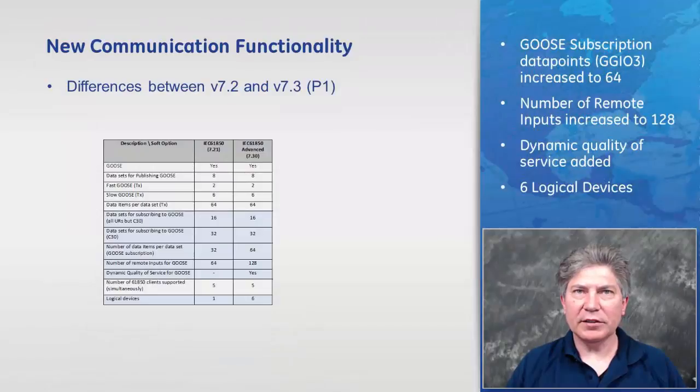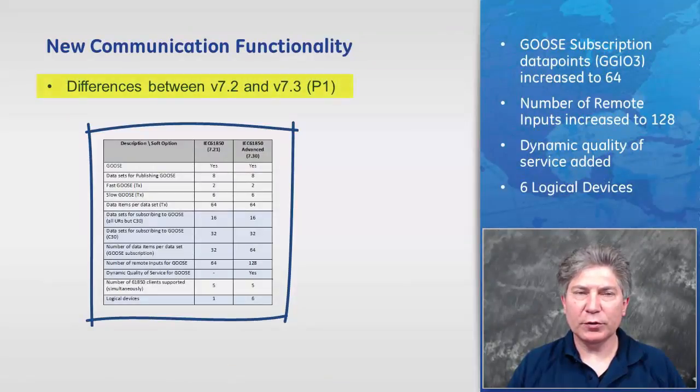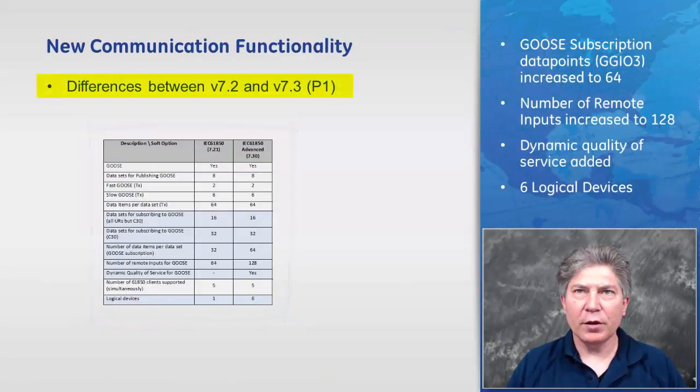Here's a table that lists the differences between version 7.2 and 7.3 firmware. The number of data items per dataset, Goose subscription, better known as GGIO 3 in previous versions, had the quantity of data points changed from 32 items in version 7.2 to 64 items in version 7.3.